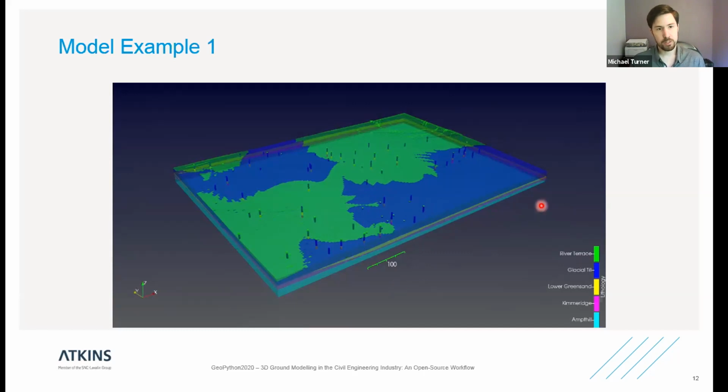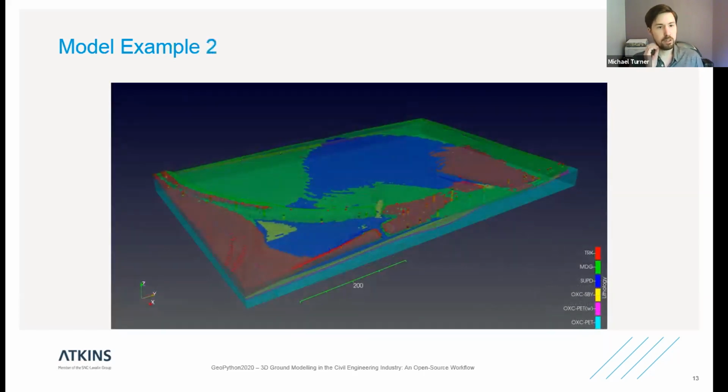Another thing to notice is in this top right-hand corner, there's no data, so the model's really uncertain there. And that's a really common issue in civil engineering projects. If we move on to a second example, you can see it even more clearly. So this is a railway scheme. There's a railway embankment running through the middle here.